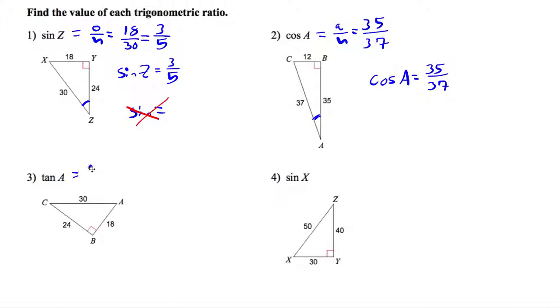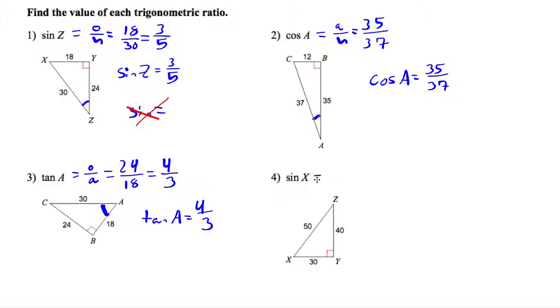Tangent. Tangent is just opposite over adjacent. In this case, if I'm looking at the tangent of A, the opposite side is 24, the adjacent side is 18. They both have a common factor of 6. So we factor out that 6 and get 4/3. So tangent of A is equal to 4/3.